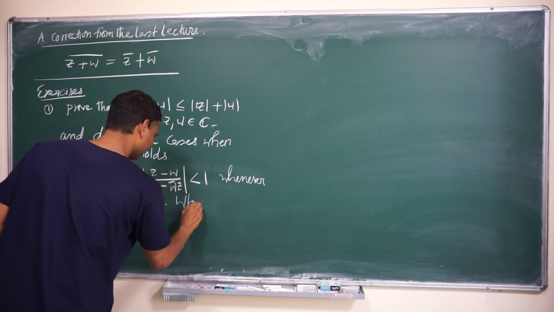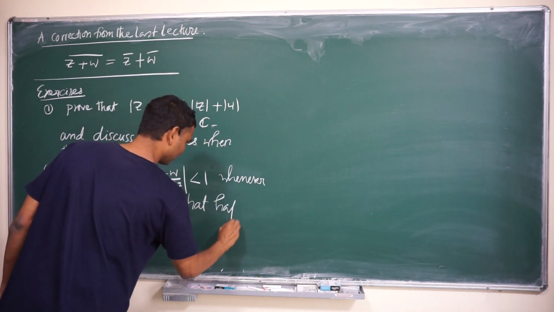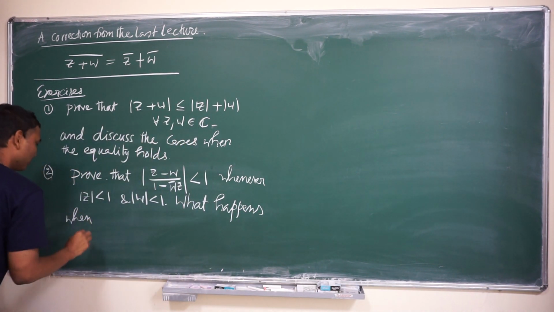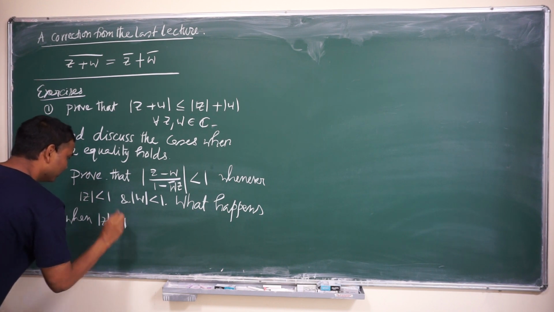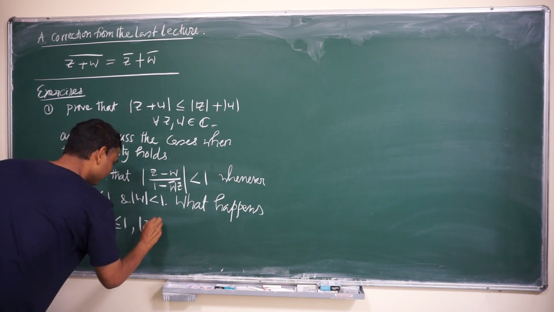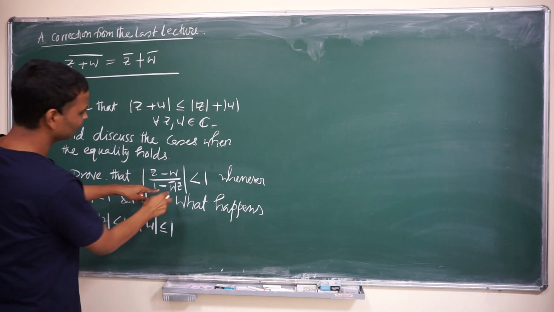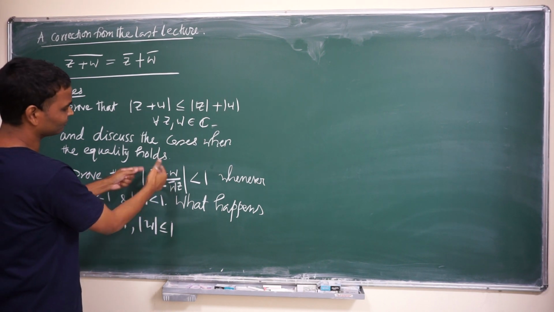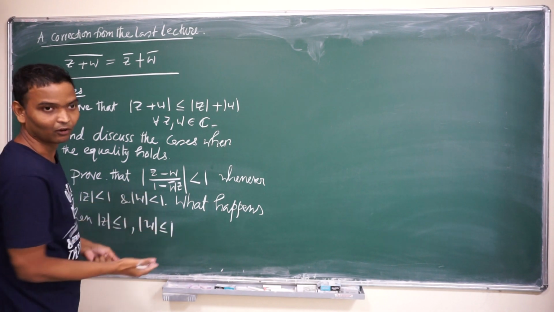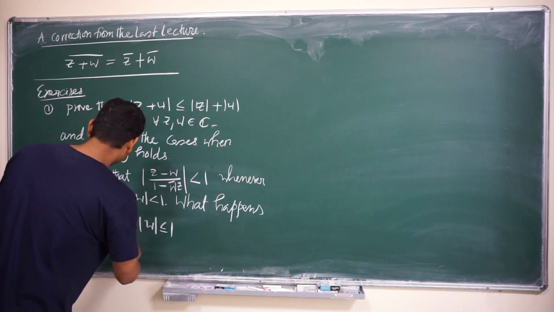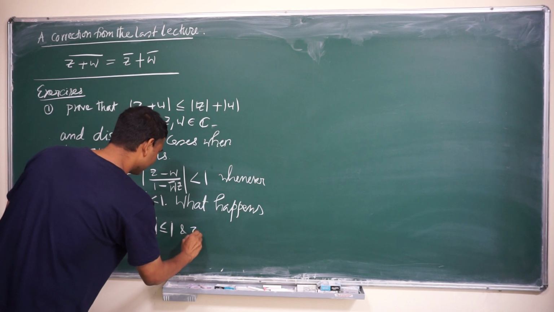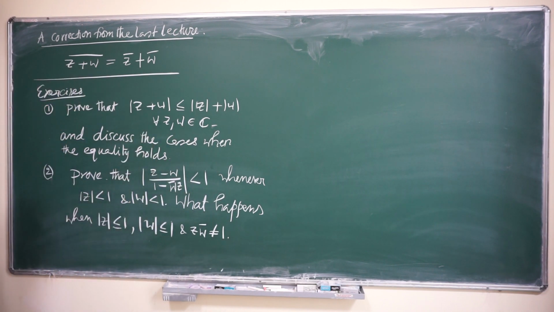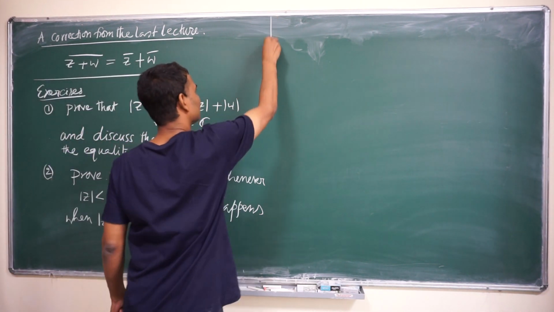And then what happens when you allow equality also? But then there is an exception. This z bar w cannot be 1. Otherwise, there will be a 0 by 0 form, which we don't want. So the equality case holds when z w bar is not equal to 1. Okay, so these are the two exercises.